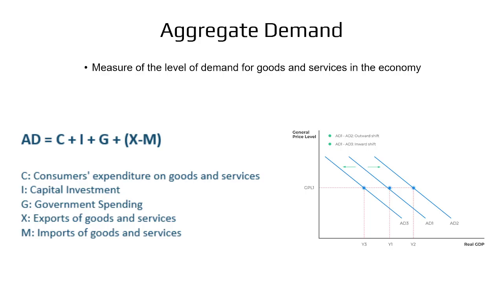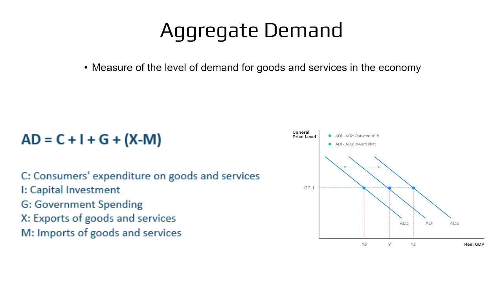It's how much the consumers, both at home and abroad, want to buy the goods and services of the economy. Now, this is calculated in a number of ways. So, there are four key factors that go into determining the level of aggregate demand.